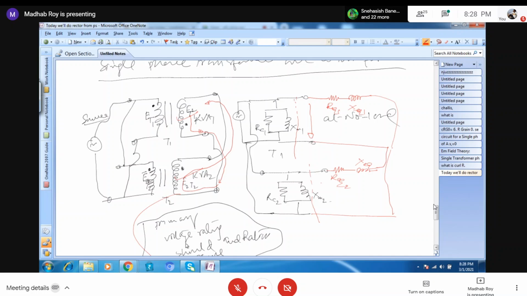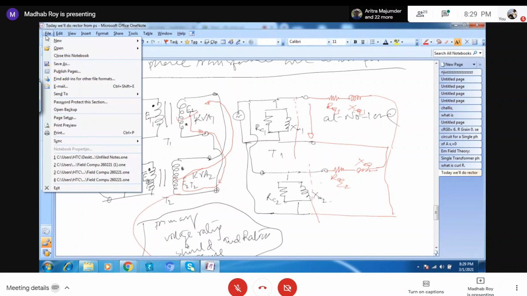Along with that, another condition is required, called the vector group, which should be the same. You know, so these three will remain, but along with that, the vector group also should be the same. Otherwise, you can't do the parallel of three-phase transformers. There will be a big issue if you do that. Okay, so three-phase transformer. Today after this, next day we'll see how to do the parallel operation.